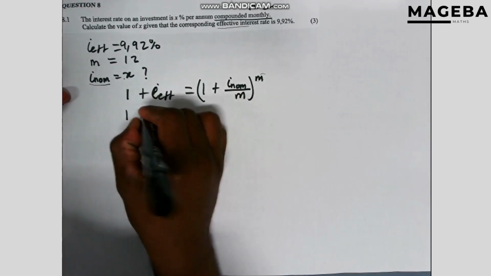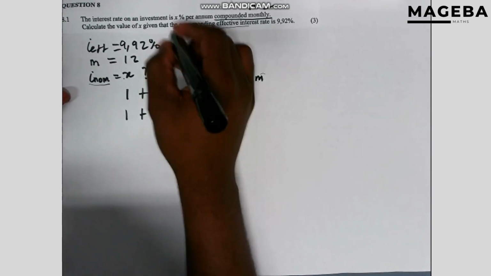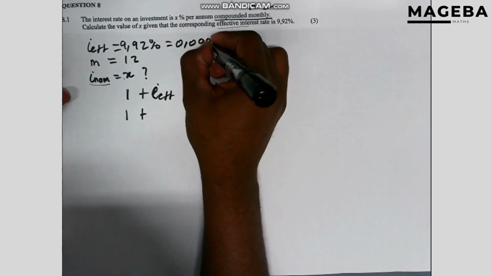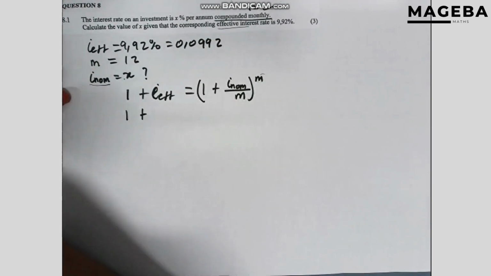So 1 plus the I effective, this is equivalent to 0.0992 if I divide it by 100.